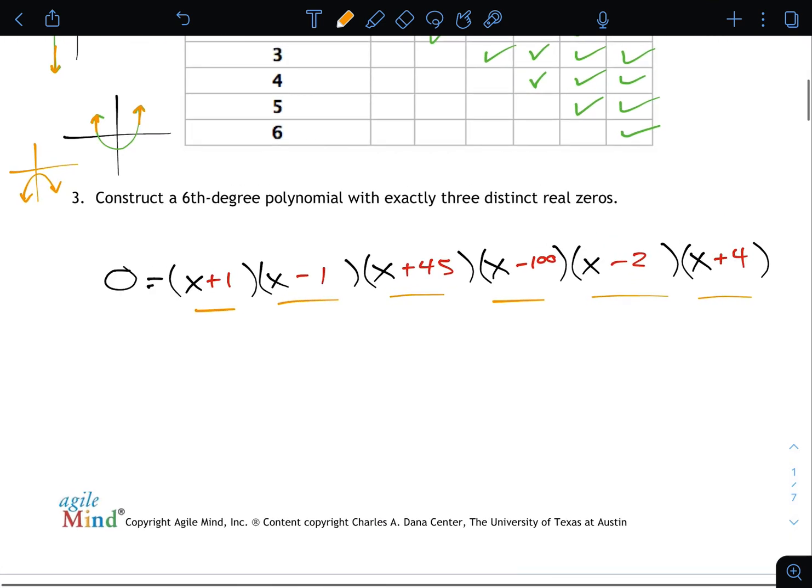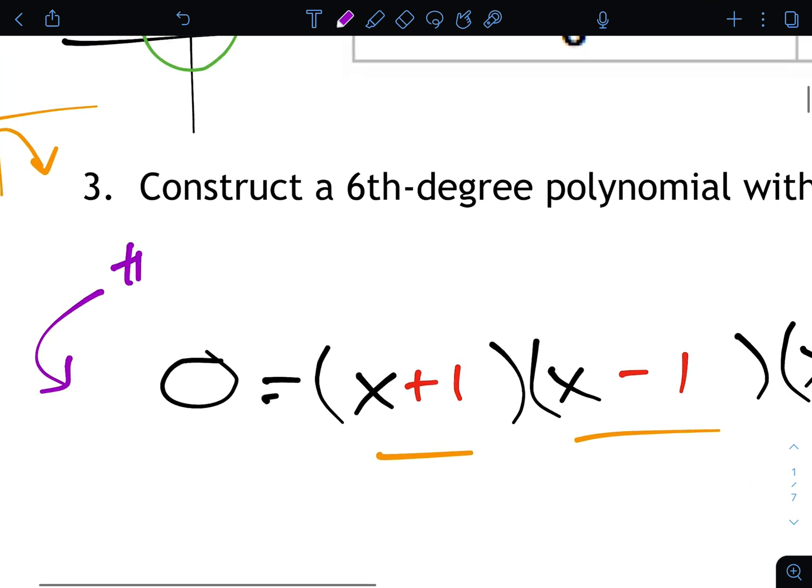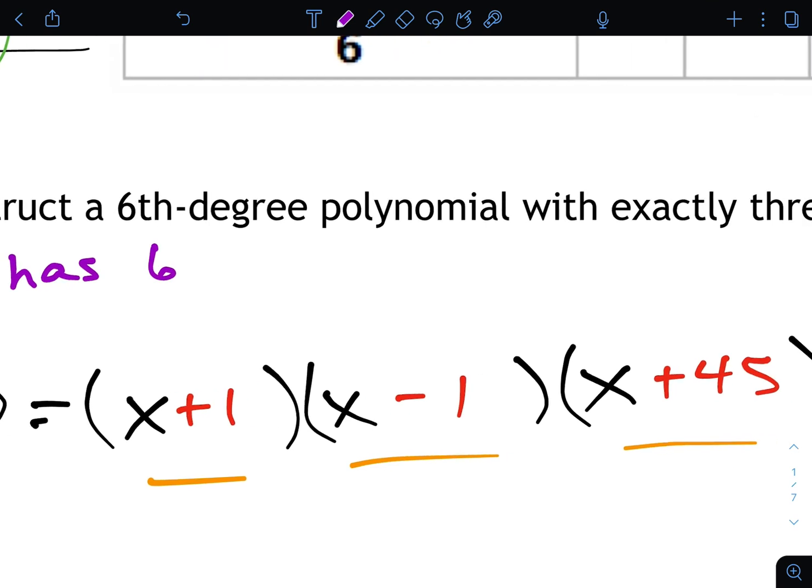Now, question 3 here is asking us to construct a 6th degree polynomial with exactly 3 distinct zeros. So the equation that we just wrote here has 6 unique zeros.